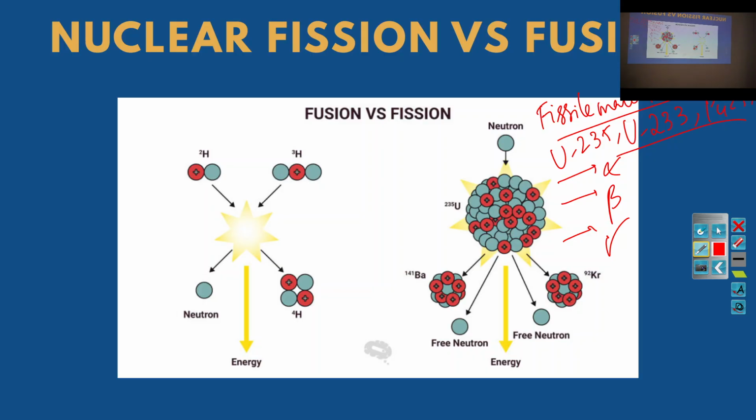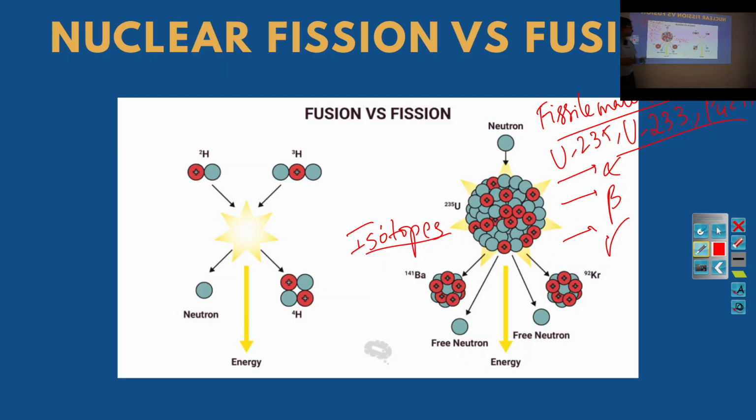Okay, so there is uranium 235, uranium 233, these we call isotopes. So isotopes means they have the same number of protons but different numbers of neutrons in the nucleus.